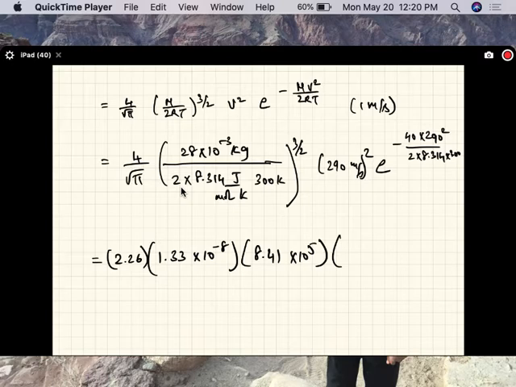28 times 10 to the minus 3. I need to put a 10 to the minus 3 in there. So that's 0.204.